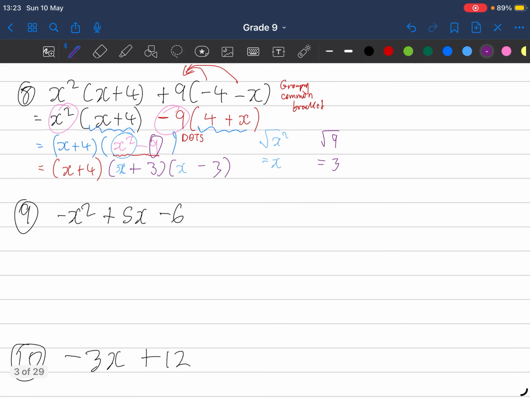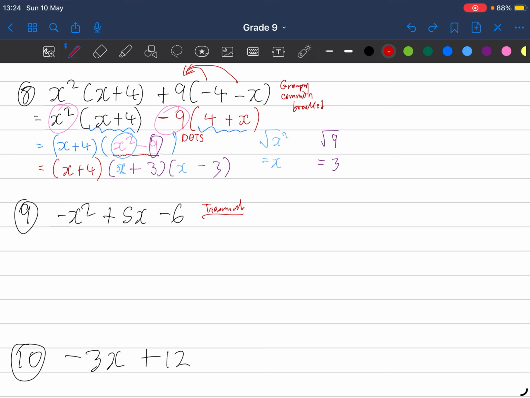Now, number 9, 3 terms, x squared, x, and a constant. So clearly that's going to be a trinomial, but our coefficient is negative, so we don't do that. We don't work with those. We prefer to have a positive x squared at the front. If you haven't noticed that, that's what we've always been doing, so we're gonna get that again.